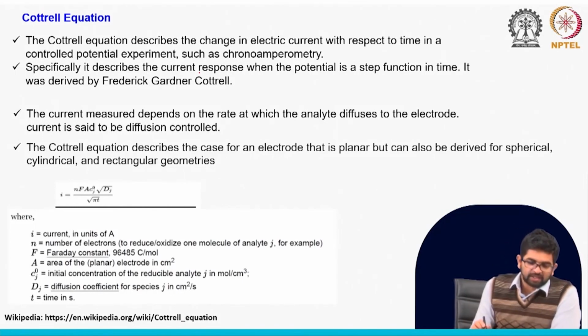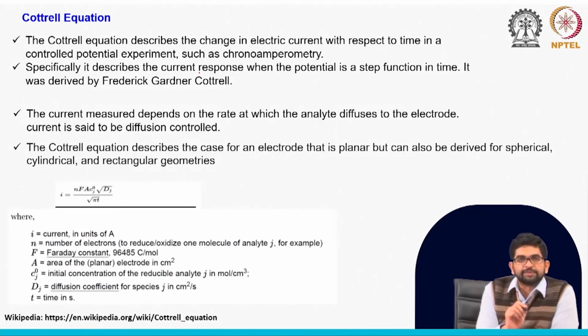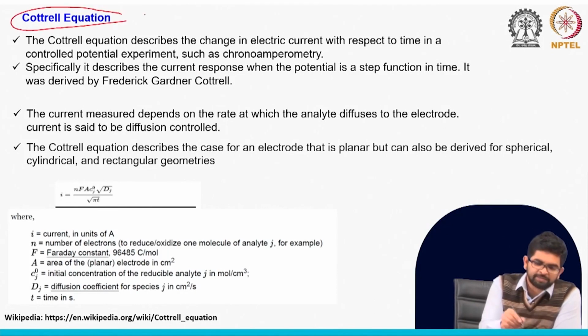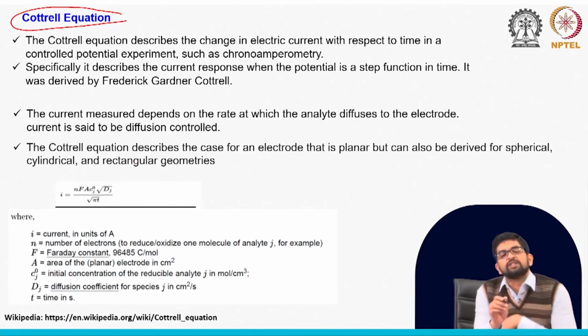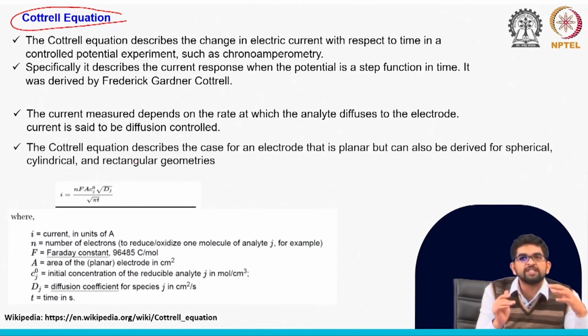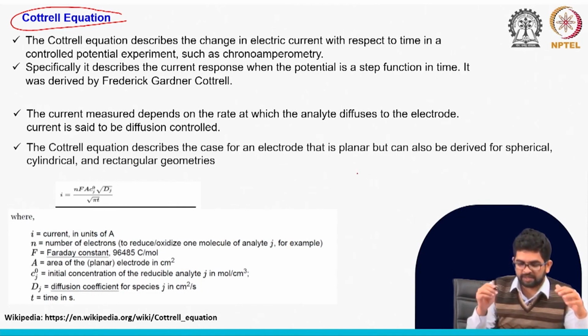Okay, next is the Cottrell equation. This is again a very simple thing. I don't want to derive the equations, I just want to tell you. The Cottrell equation describes the change in electric current with respect to time. Suppose you are measuring chronoamperometry, right.